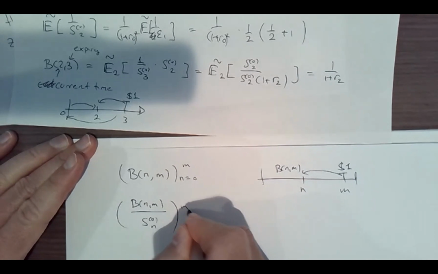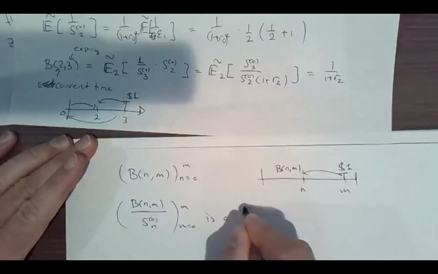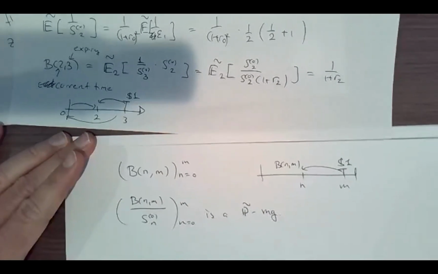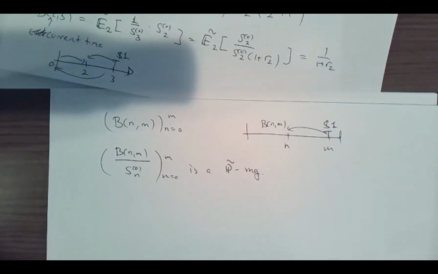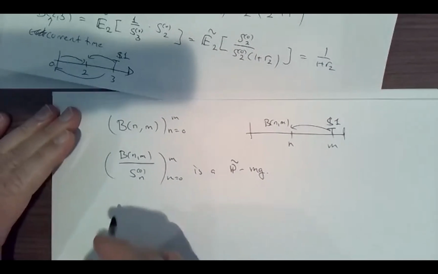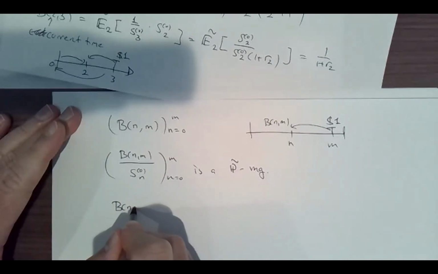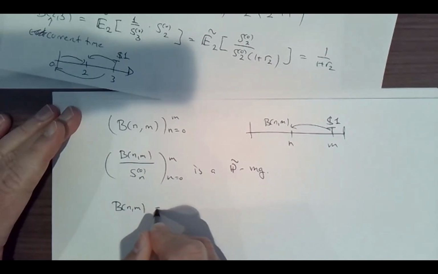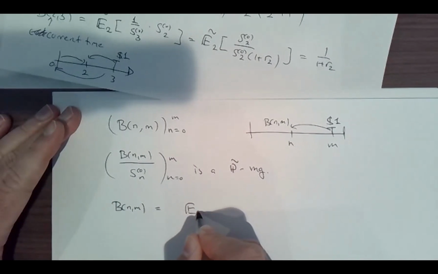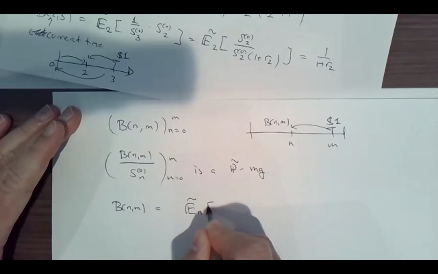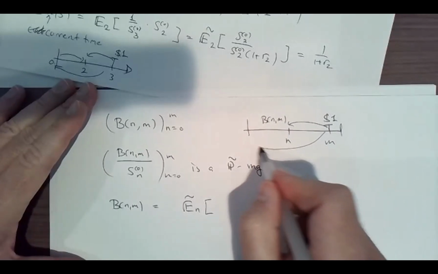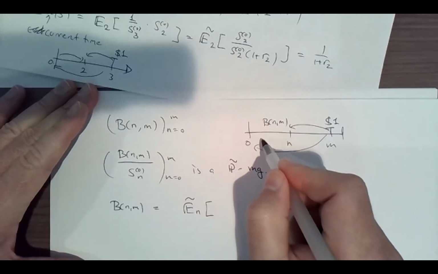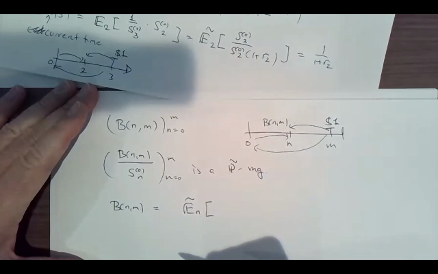This would be a P tilde martingale. And the way that that comes to be is by having the BNM. This would be equal to the conditional expectation, just as what we had on the previous slide. And you get $1 at time M, so you can roll it all the way back to time 0, right? And then you can roll it forward to time N.